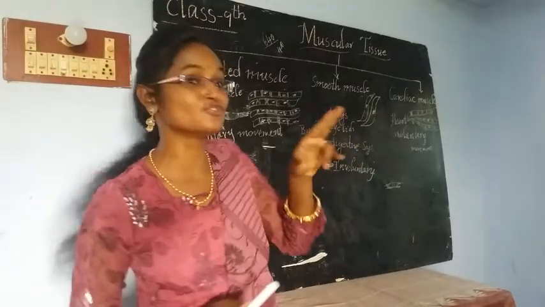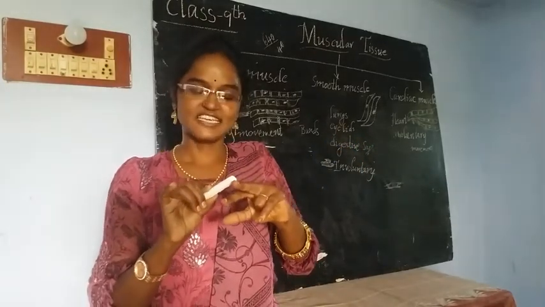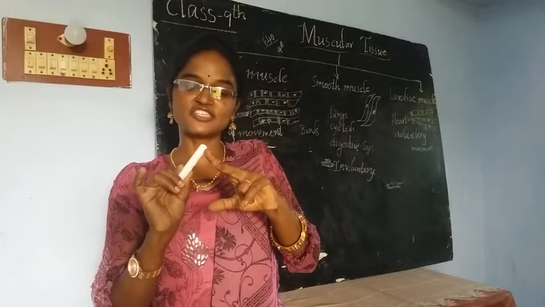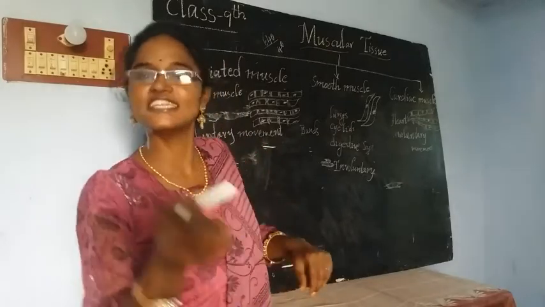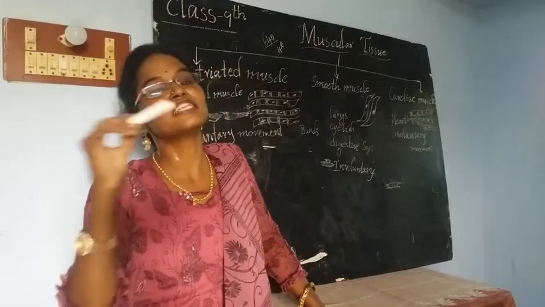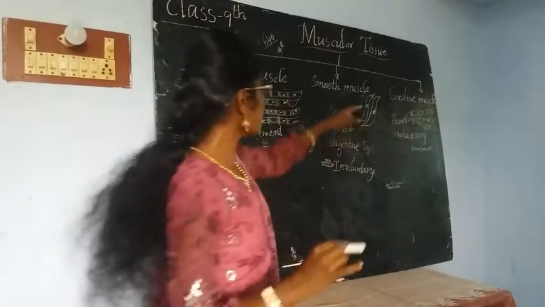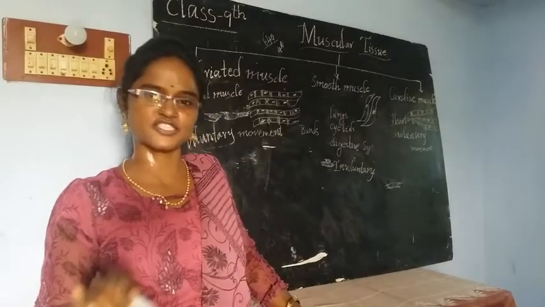That's why they are doing two functions. One is contraction and another one is relaxation. When you compare with the contraction time, the relaxation time is more. At that time they are taking a little amount of rest. From our birth till death, these are the only muscles that can perform the function continuously.